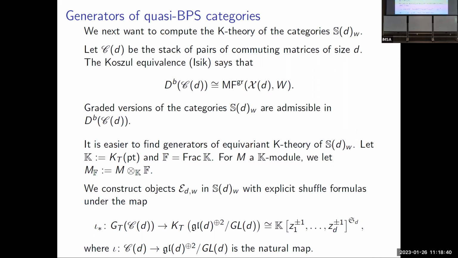Here we use some inspiration from BPS spaces. We know that the BPS cohomological spaces are supported over the small diagonal. This is some work of Davison. So we look for certain objects that actually come from the stack of pairs of commuting upper triangular matrices where all the eigenvalues are equal.